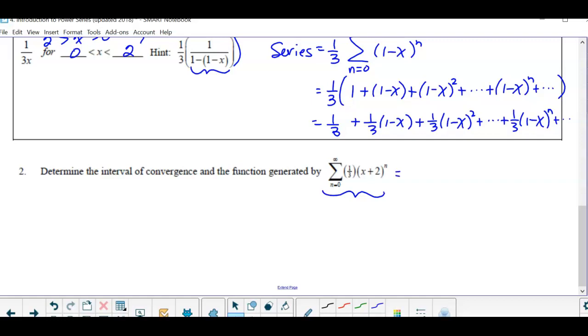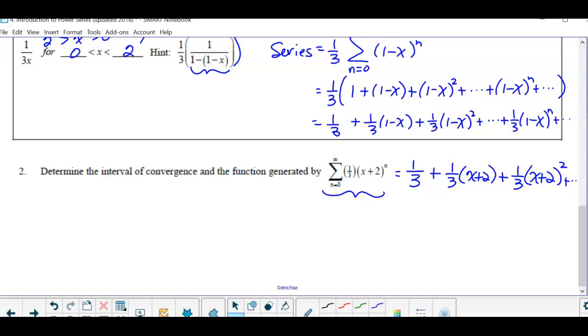When n equals 0, the x plus 2 bracket equals 1, so that would be 1/3. Then n equals 1, that would be 1/3 times x plus 2, and then plus 1/3 times x plus 2 squared, etc.